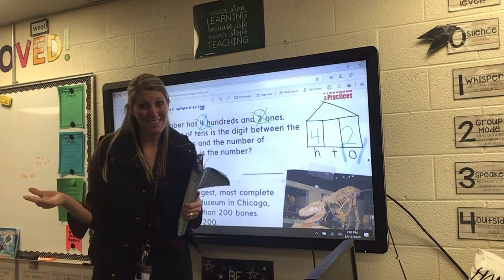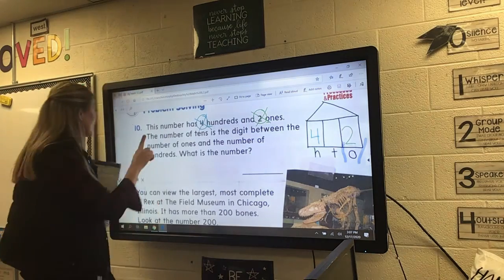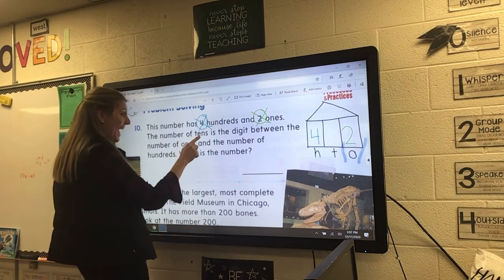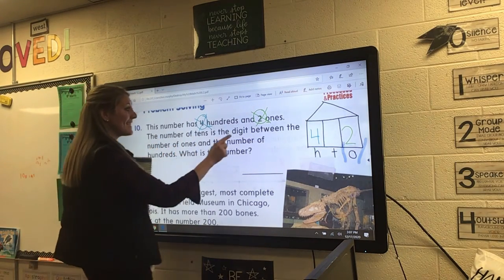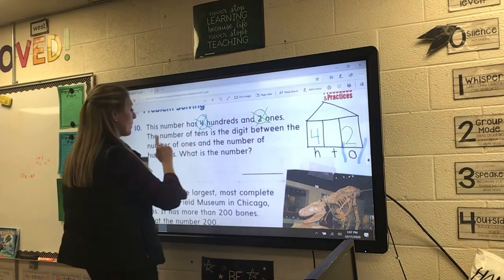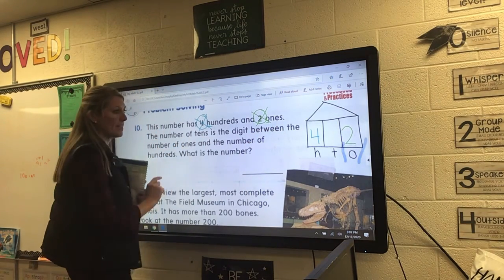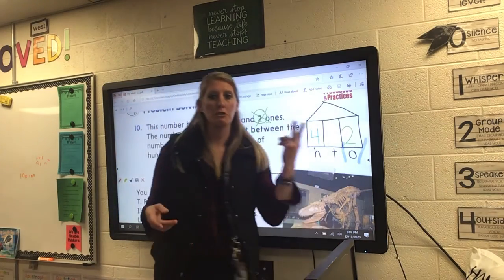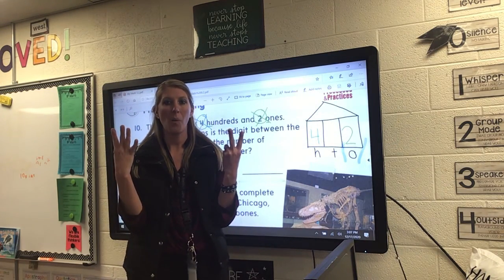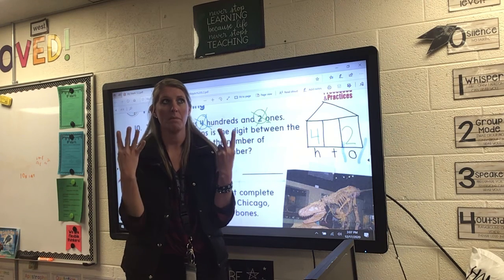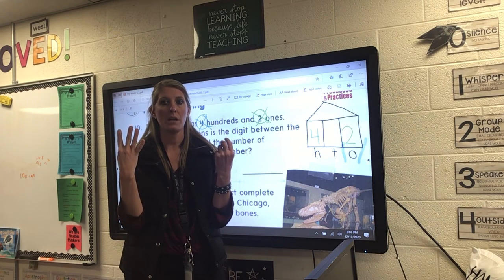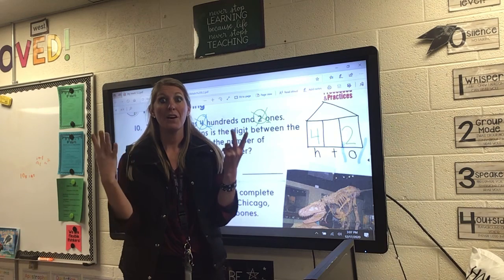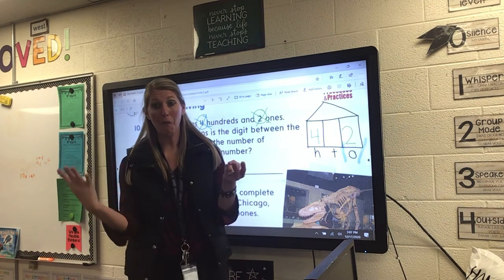Now, I don't know the tens, but they give us a clue. It says the number of the tens is the digit between the number of ones and the number of hundreds. So if I look at the 4 and 2, and I have 2 and 4, what number comes between them? 1, 2, 3, 4.